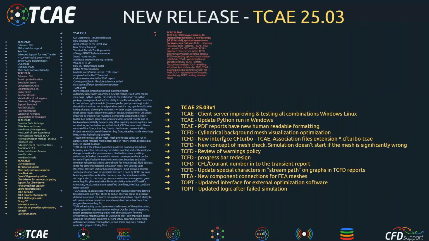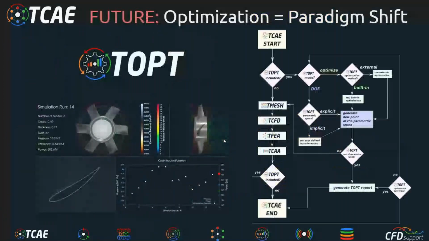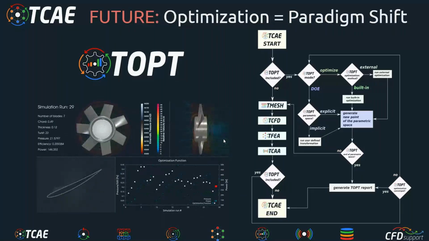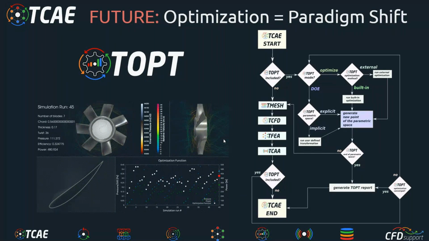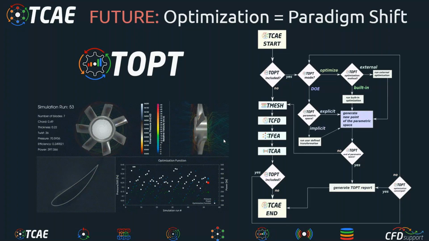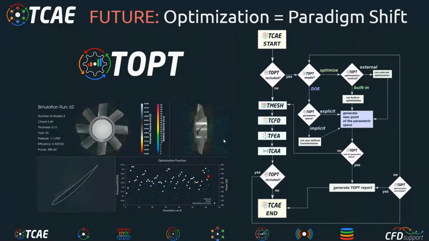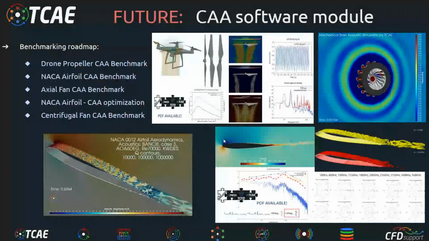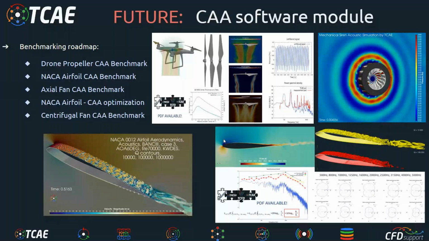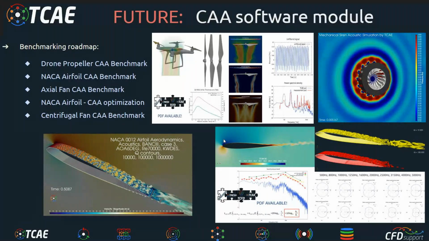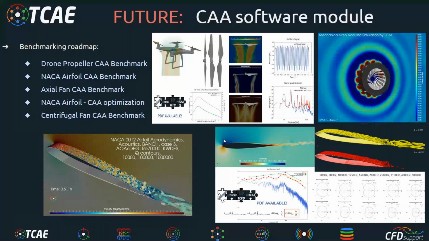Current stable release is 25.3. We are, of course, working on new versions. For the future, we will definitely focus more and more on optimization, which we believe is a big trend and paradigm shift on the market and in the industry. And also we are developing our acoustics module. We believe it's quite a big deal and a unique capability of our software.